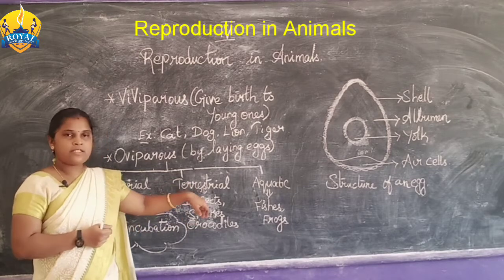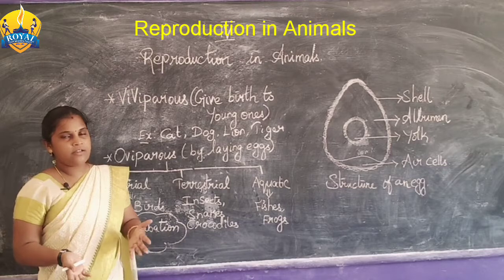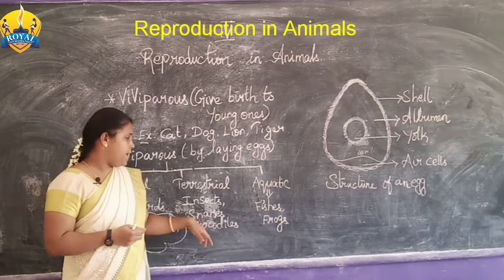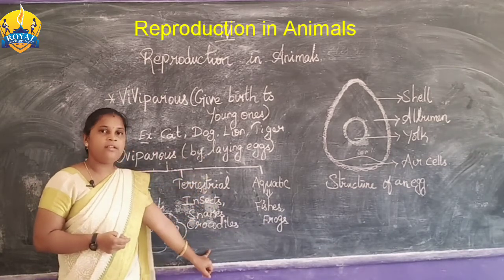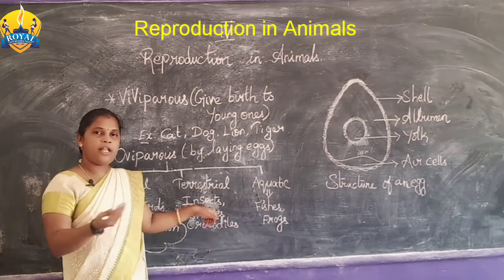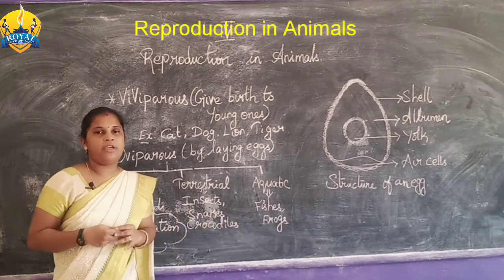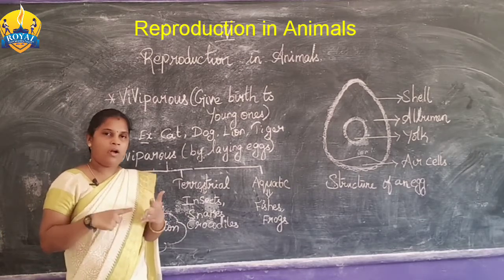What are the examples? Insects, snakes, crocodiles, alligators, lizards. These are all examples of land oviparous animals. They also lay eggs only. Can you tell some examples of insects which lay eggs? Yes, mosquito, bees, houseflies.